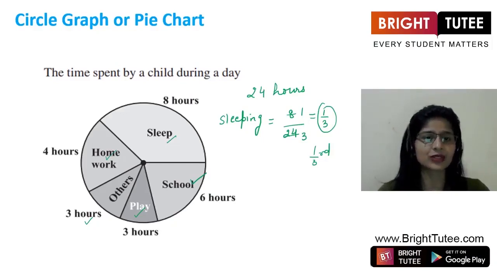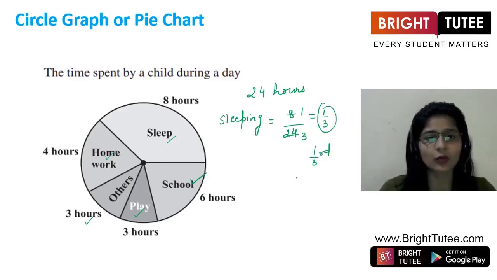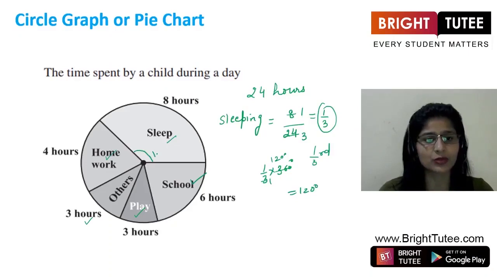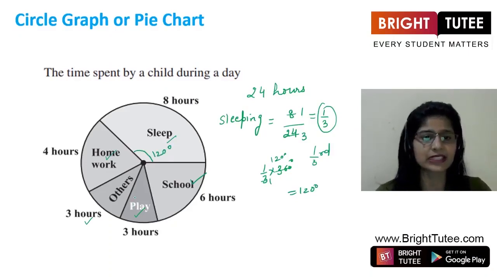And suppose I have to calculate the angle. The complete angle at the center will be 360 degrees, right? And if we calculate 1/3 of 360, we get 120 degrees. So this angle, if we measure, would come out to be 120 degrees. Clear?